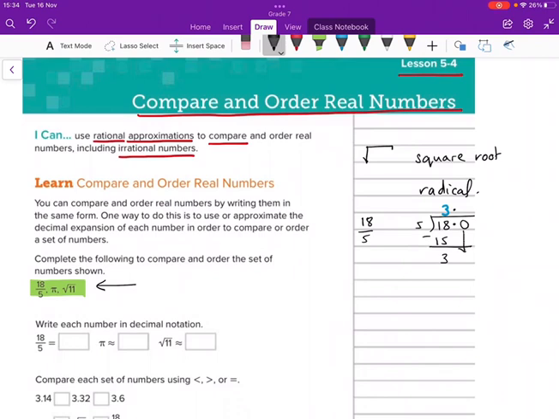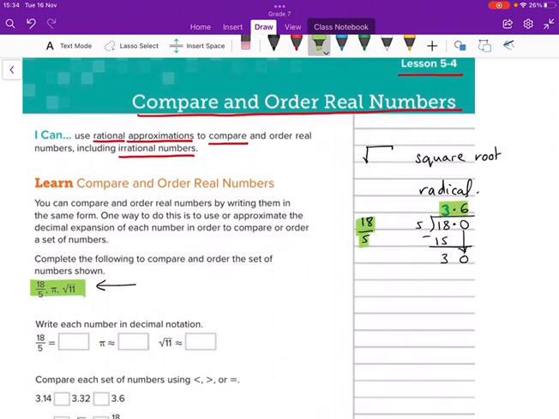And we'll carry down our 0. Now we will continue here. How many times does 5 go into 30? That's exactly 3 times. So 18 upon 5 is exactly 3.6. That's our answer for that one there.